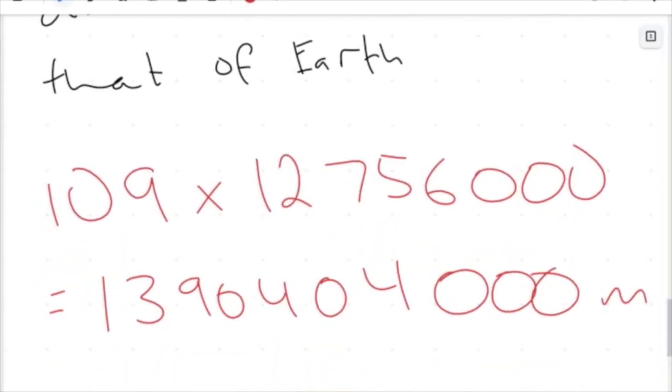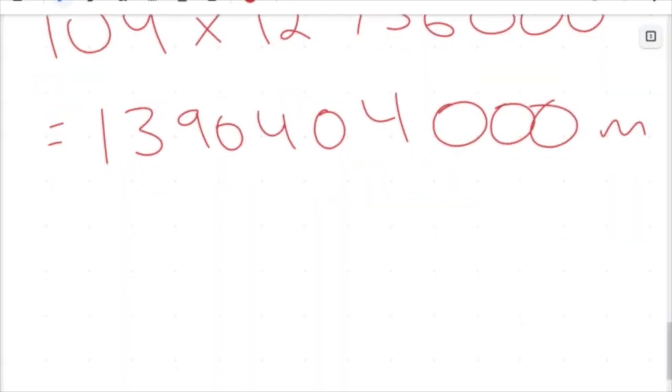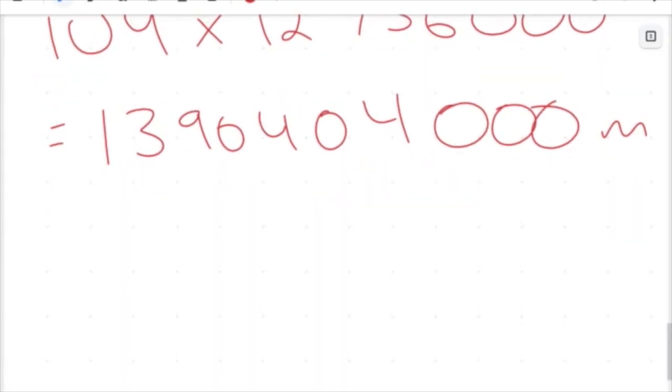So I want to express this answer in scientific notation correct to 3 significant figures. So my 3 significant figures are going to be these 3 here. So I'm going to basically stop at my 3rd significant figure 9 here.